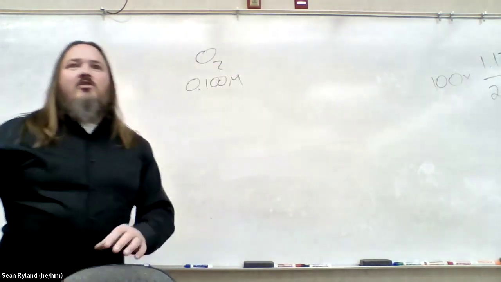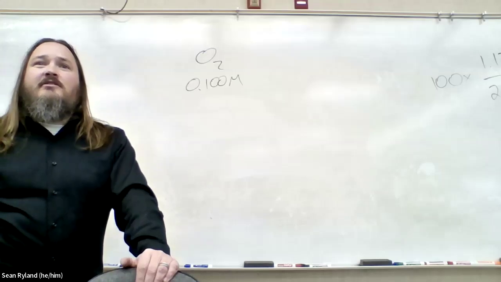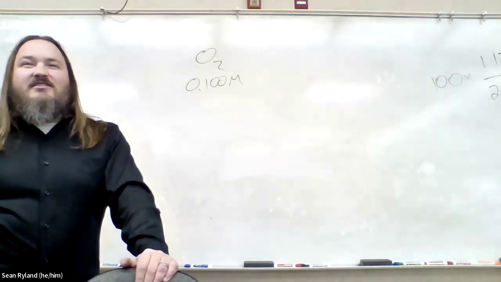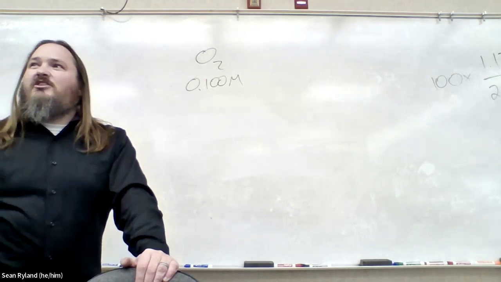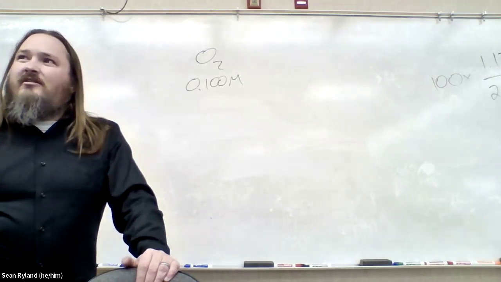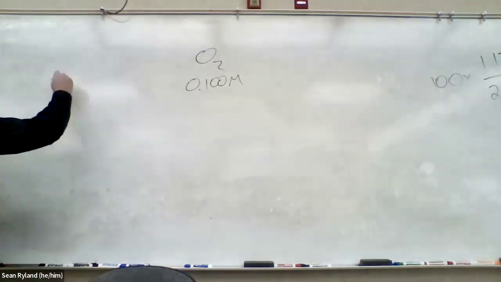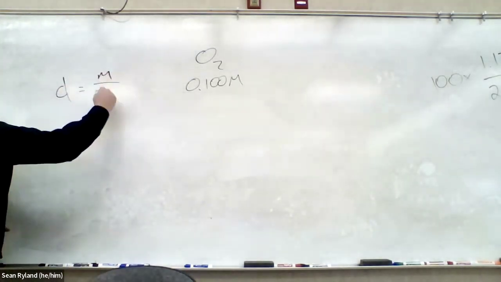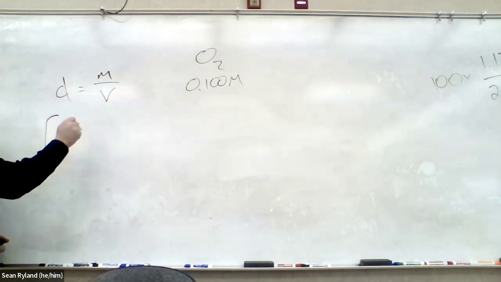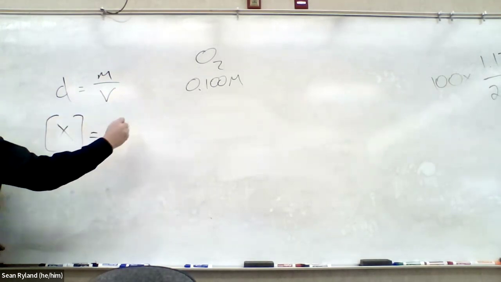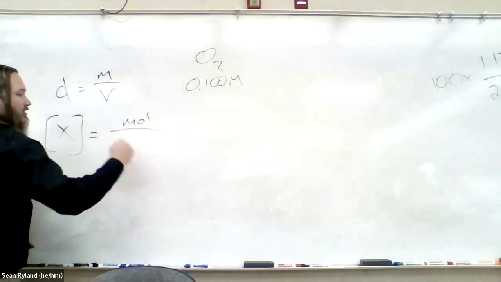Pressure. What is pressure? How condensed it is. So that kind of sounds like it's a concentration, right? It's kind of like density, just the same way that density was mass over volume, right? And concentration was moles over volume.